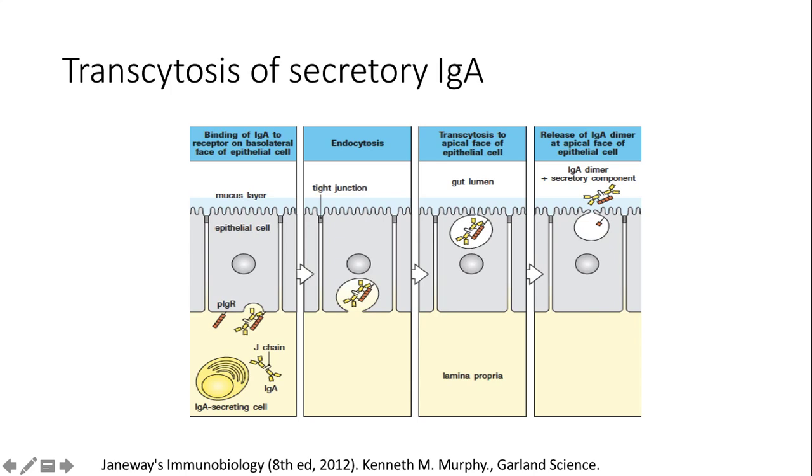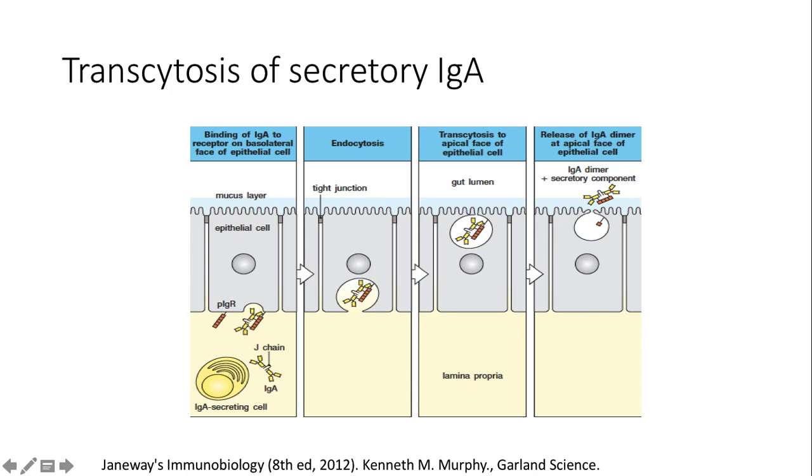In the blood, it is found as monomers, and in the mucosal secretion, it is a polymer, usually a dimer, and the two immunoglobulin monomers are linked by a J chain to reach its target antigen in the gut lumen.